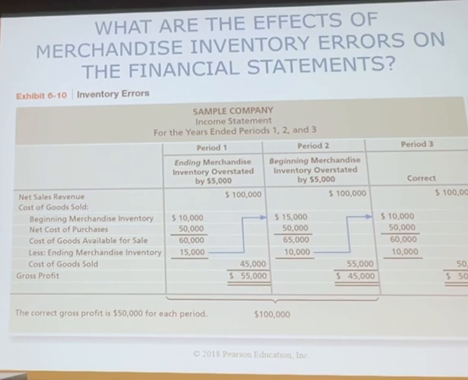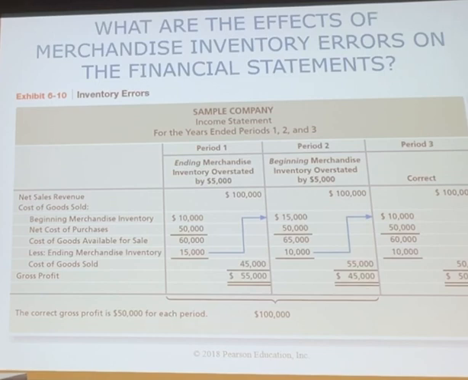But our ending inventory for period 1 becomes our beginning inventory for period 2. Therefore, when you work through the same formula for period 2, the effect is the opposite, and our gross profit for period 2 becomes understated by $5,000.